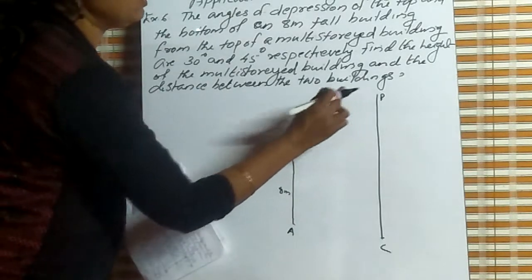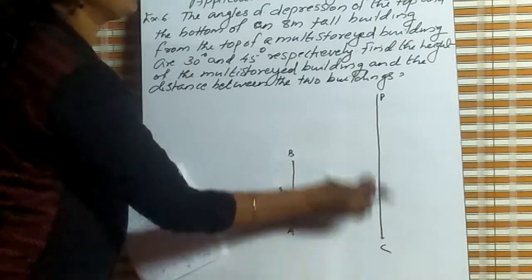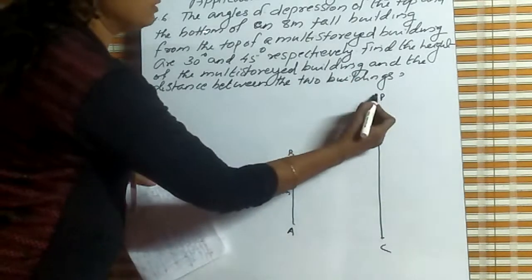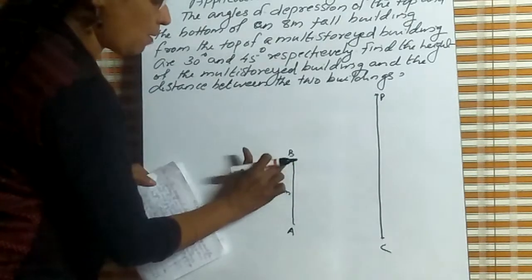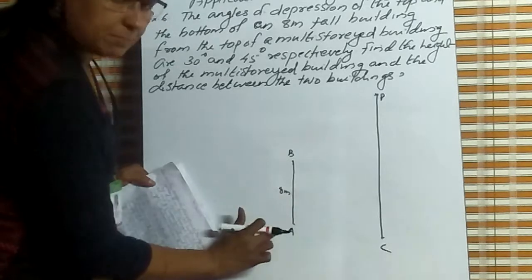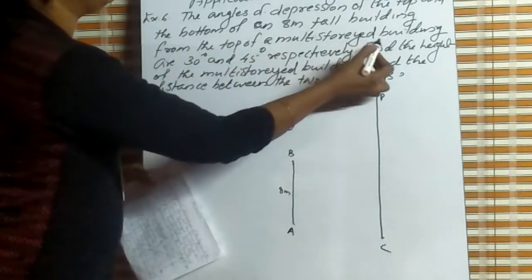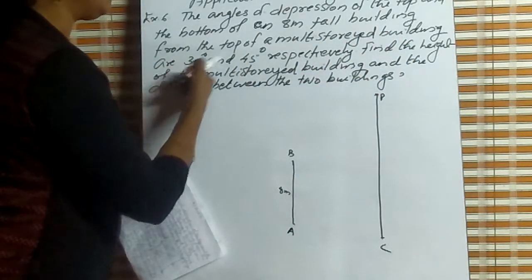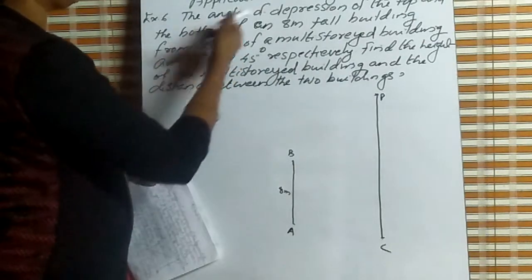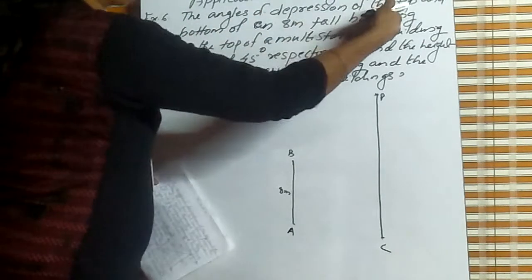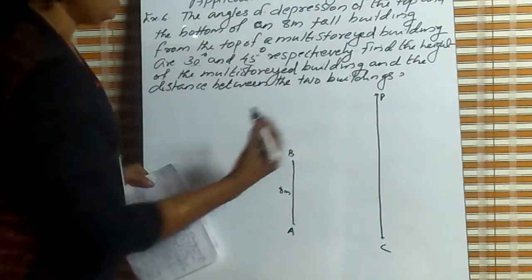One man is observing from this point P, the top of the multi-storied building. Point P observes the top and bottom of the 8-meter tall building. The angles of depression of the top is 30 degree and of the bottom is 45 degree.